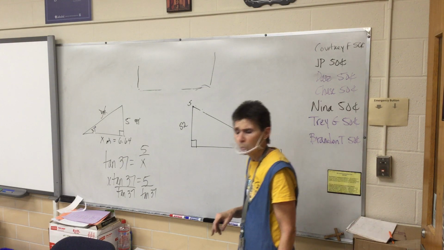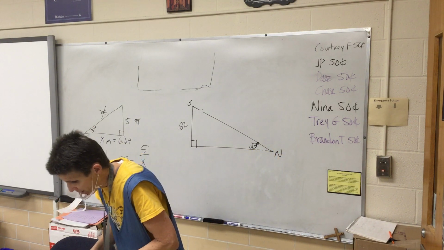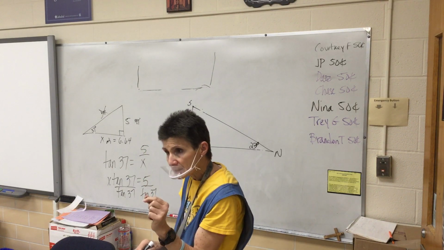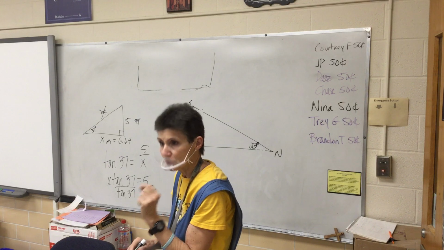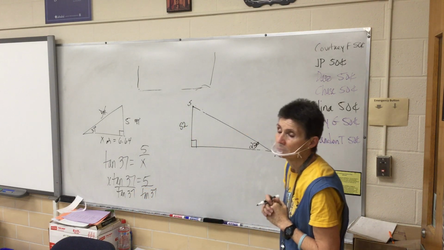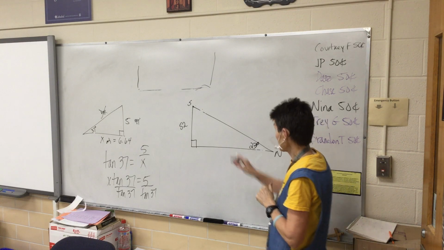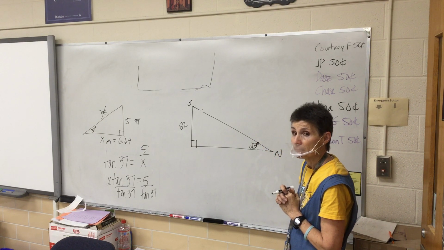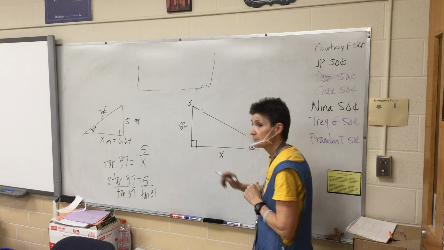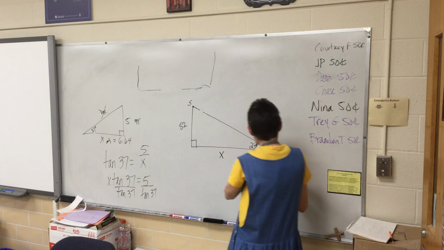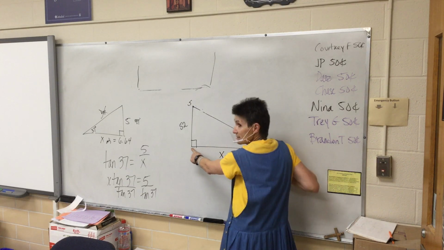Now, what else do I know? Or what do I want to know? Find the distance from the nut to the base of the tree. So where does X go? Does X go on the hypotenuse? X goes here, because isn't this the distance from the nut to the base of the tree?